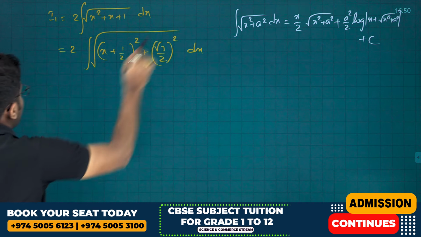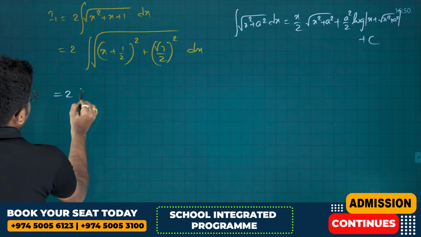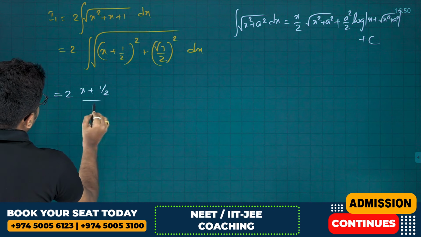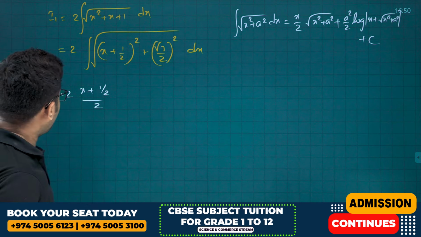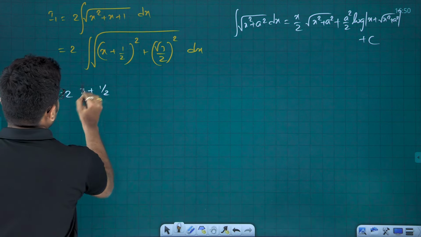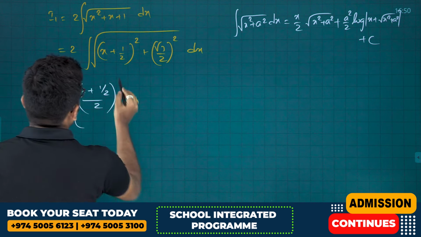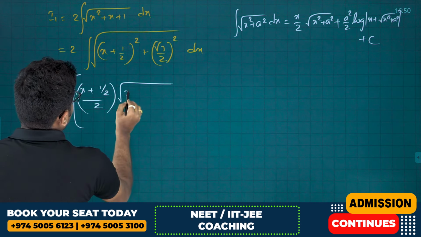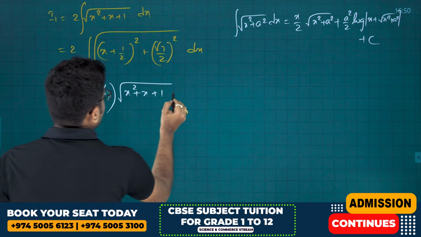Okay. So by using that, now 2 times x by 2, that is (x + 1/2) by 2, into root over x square plus a square, which is nothing but x square plus x plus 1 only, plus a square by 2.